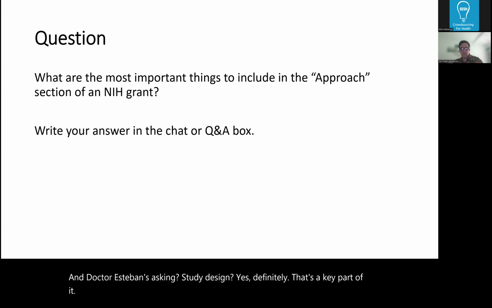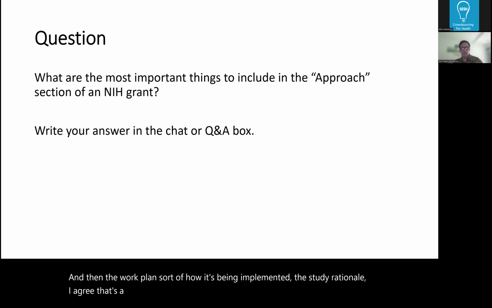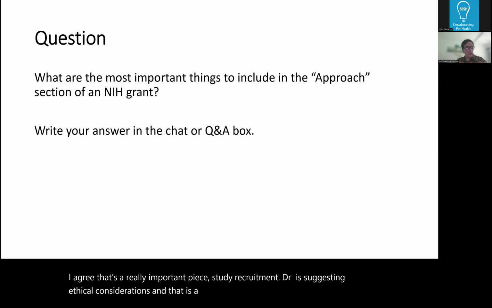And then the work plan, how it's being implemented, the study rationale. I agree, that's a really important piece. Study recruitment. Dr. Sambo is suggesting ethical considerations, and that is a really interesting suggestion.